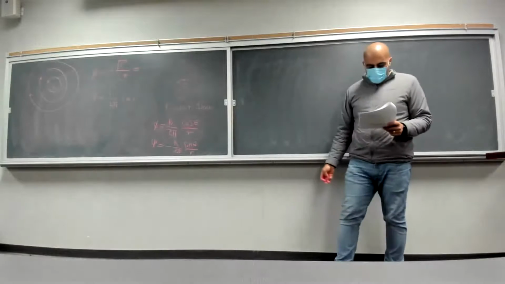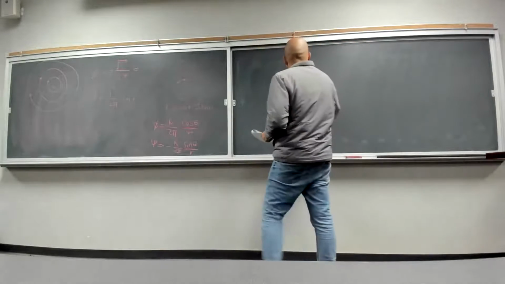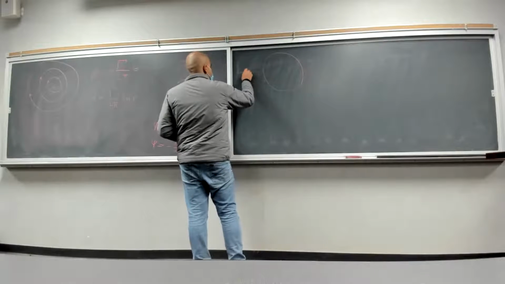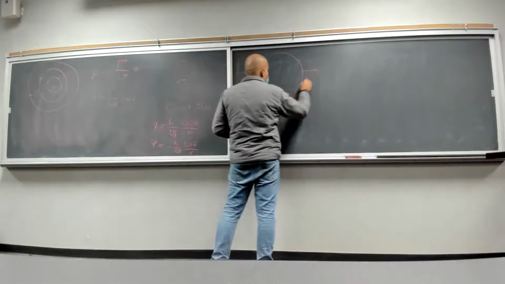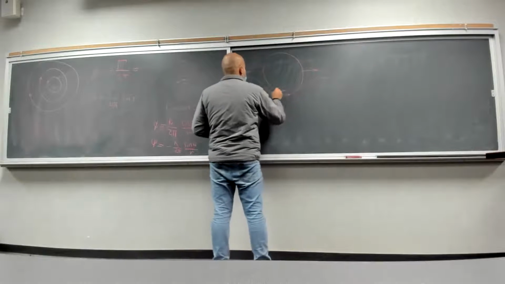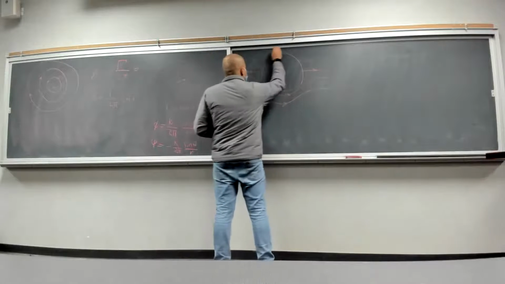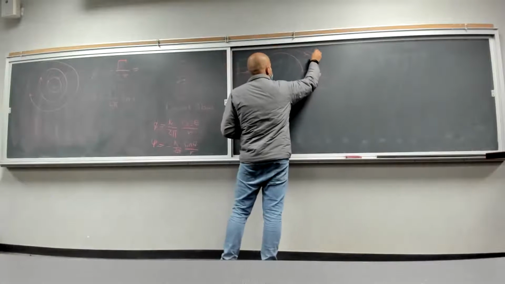Okay. So other combinations. Let's talk about the flow over this. Let's actually talk about this. This is something that we just did, right? Flow over a cylinder. We just analyzed, right? We talked about the D'Alembert paradox and all of those things.